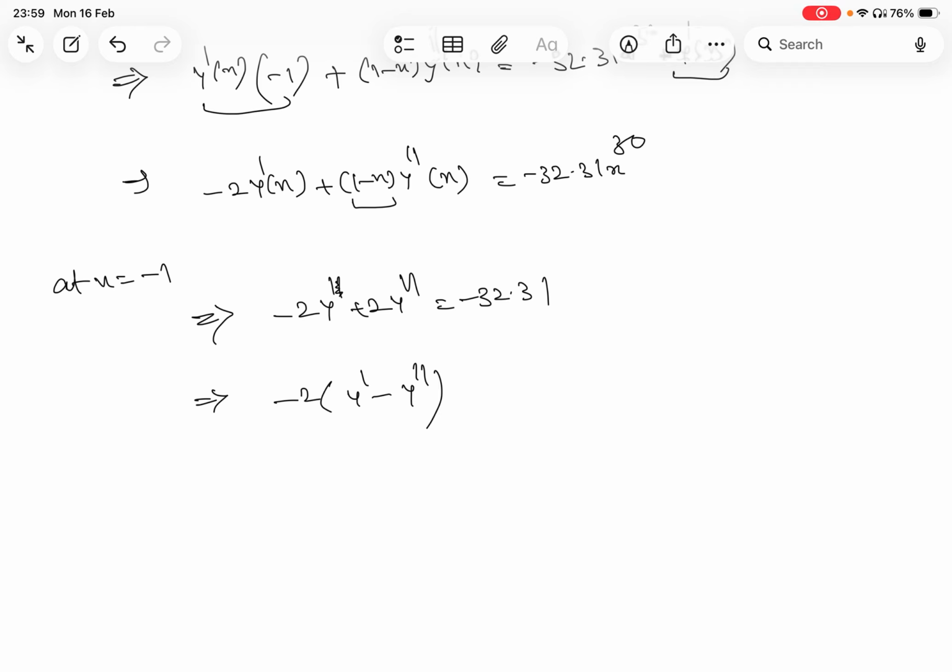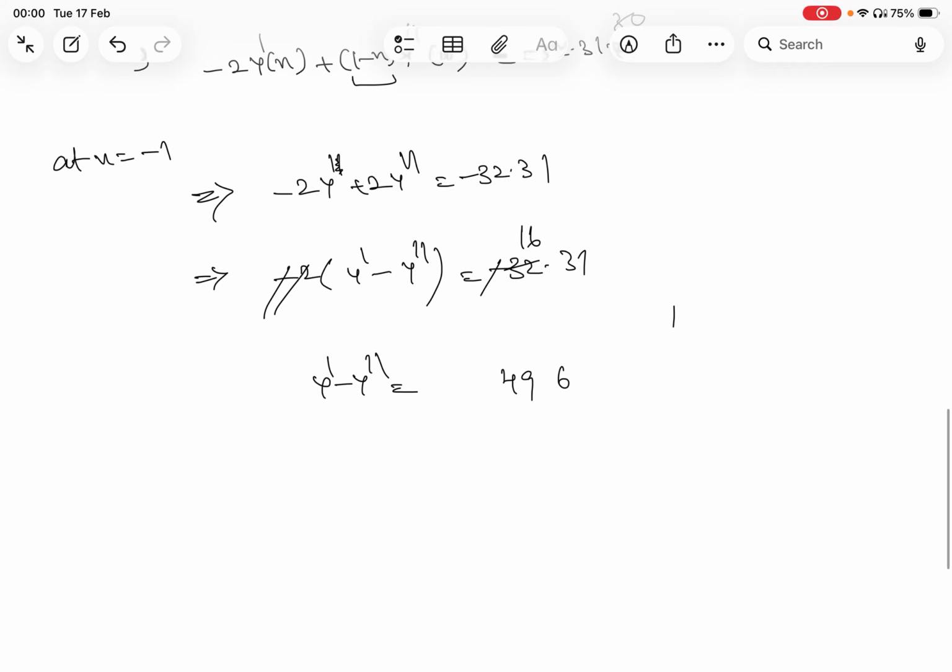Minus into minus becomes plus, so plus 2 y double dash equal to minus 32 into 31. This minus will go off, then 2 ones 2, 2 16ths. Then y dash minus y double dash equal to 16 into 31, 16 ones 16, 3 16ths 48, 16 into 31 is 496. So this is the solution.